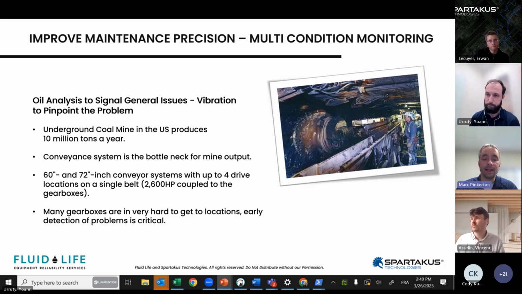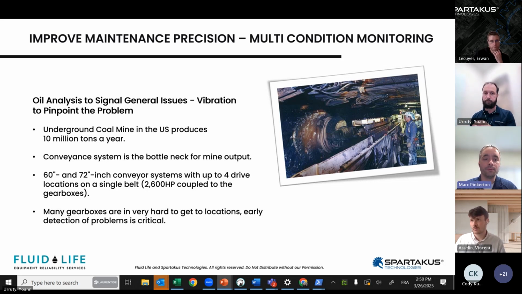They've established a system where oil sampling is a little bit easier to take than, say, daily or routine vibration results. So the best practice they've discovered is to take oil samples on a very regular basis, and they use that to monitor oil health and all the normal stuff, chemical degradation. But they also use it to try and identify when they start having bearing issues, right? We can see the Babbitt material start to present itself in copper and lead and stuff like that.